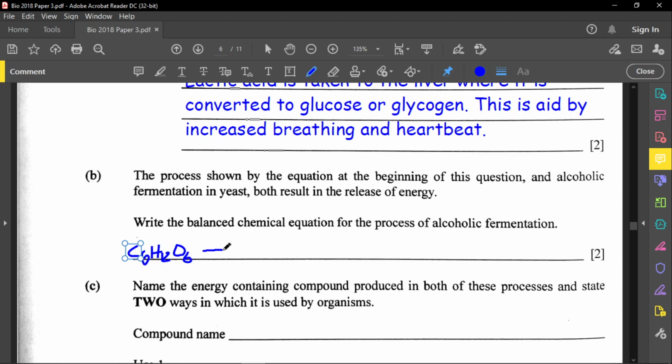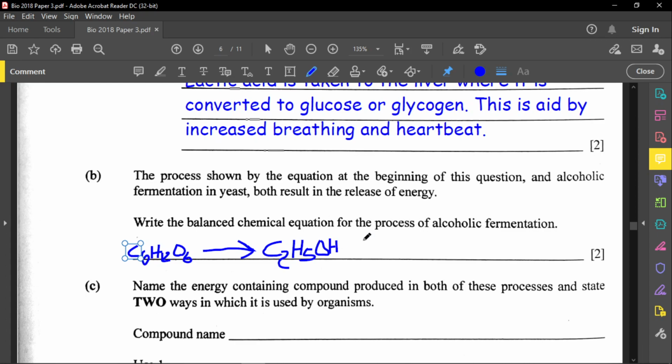And our glucose will break down into ethanol. And so ethanol is C2H5OH. That's an O, so OH.